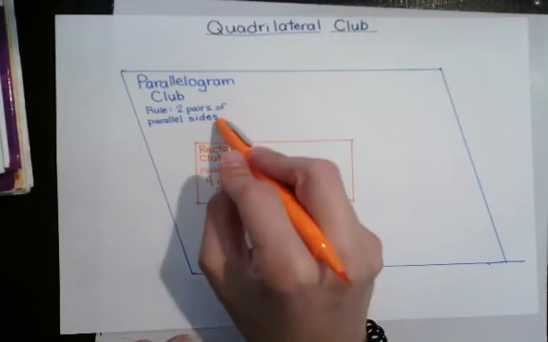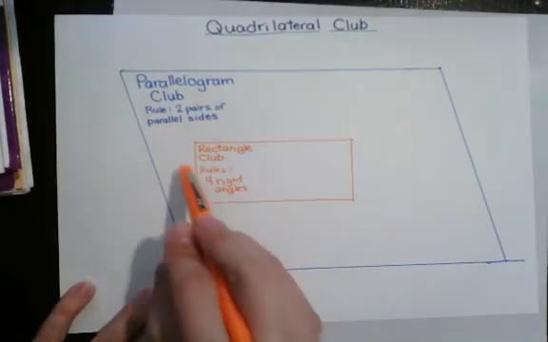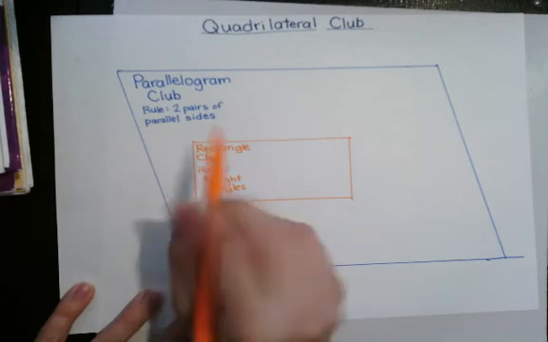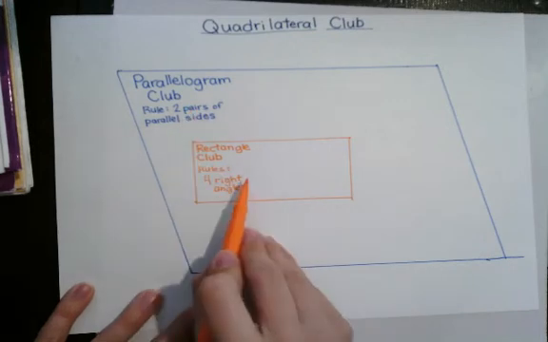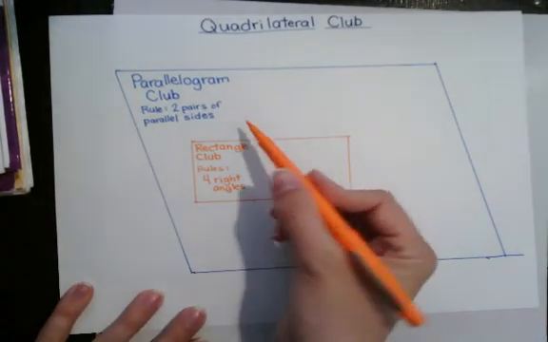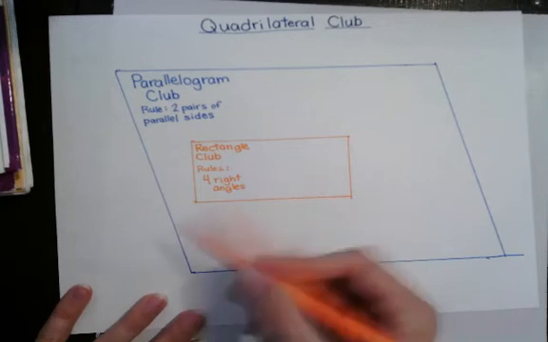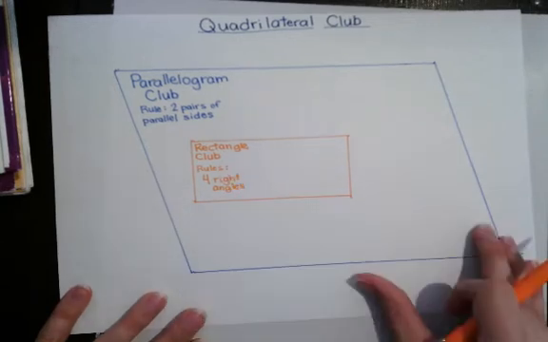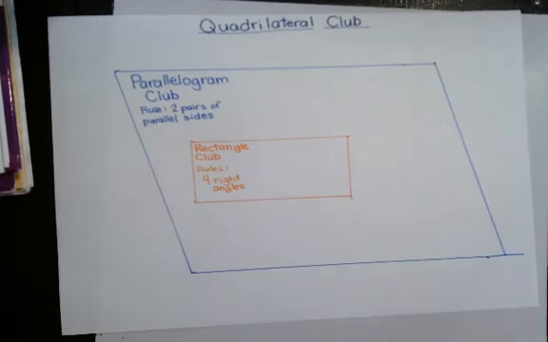So notice where we're at right here. A rectangle is a type of parallelogram, right? It has 2 pairs of parallel sides. But a parallelogram can't always be a rectangle because if you look here, it doesn't have right angles. This has more that it has to do to be classified as a rectangle.